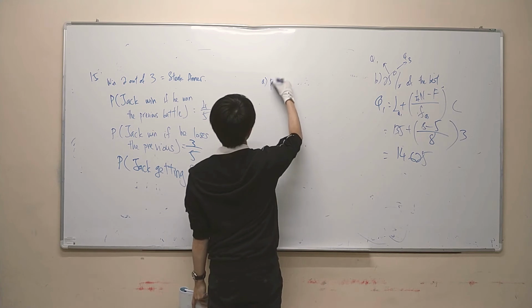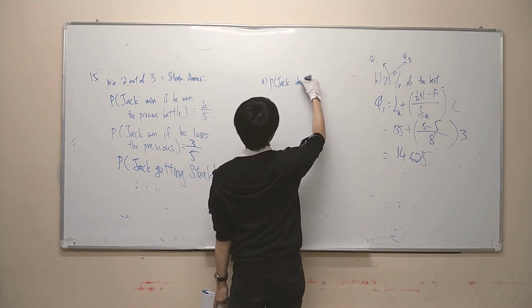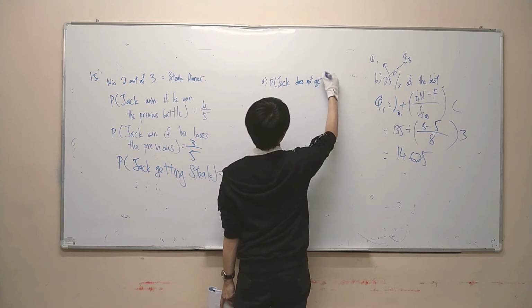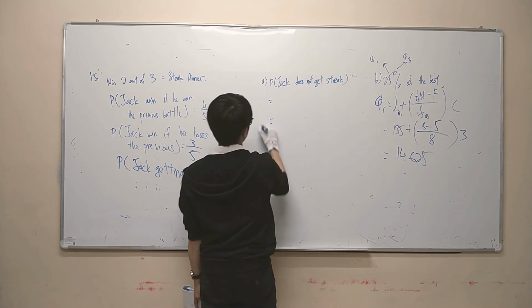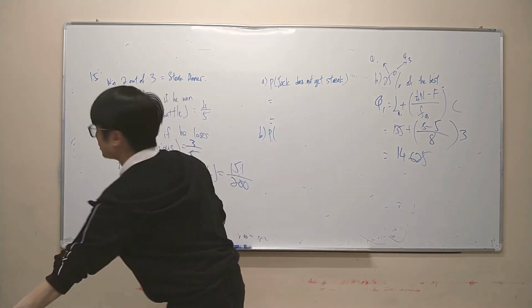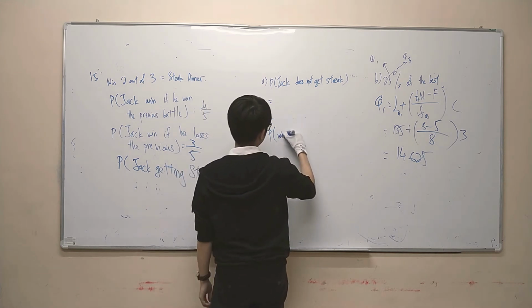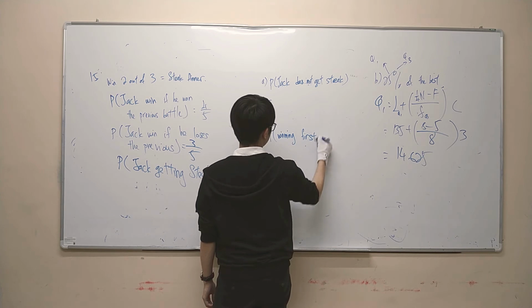That is A, probability Jack does not get steak. Okay, and then B is what? The first battle. So probability of winning first battle.